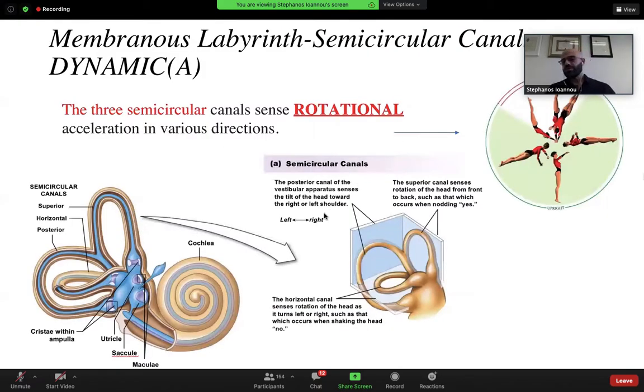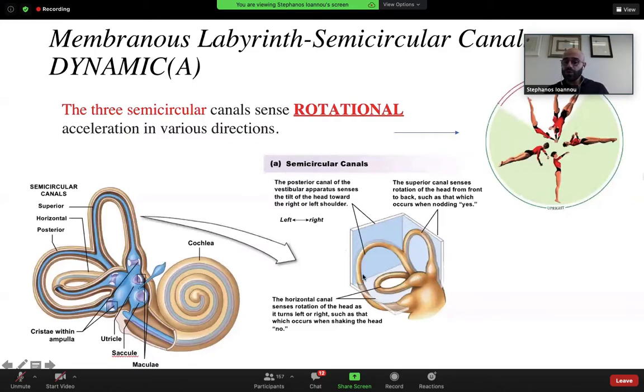So the semicircular canals are slightly more complex than the otoliths. Although the otoliths are a fantastic servo mechanism of the body, we would also need the semicircular canals to tell us where exactly our body is in space and time. And they work in addition to the saccule and macula to tell exactly where the head is and exactly where the body is in space and time.